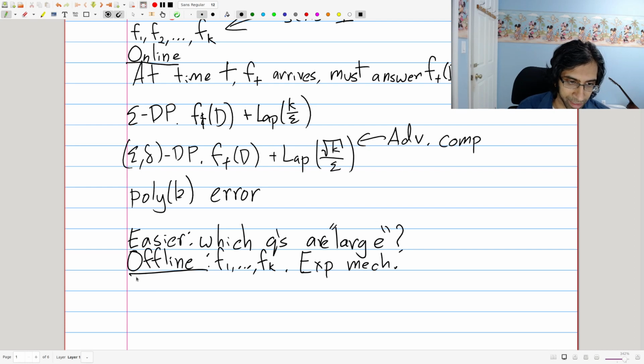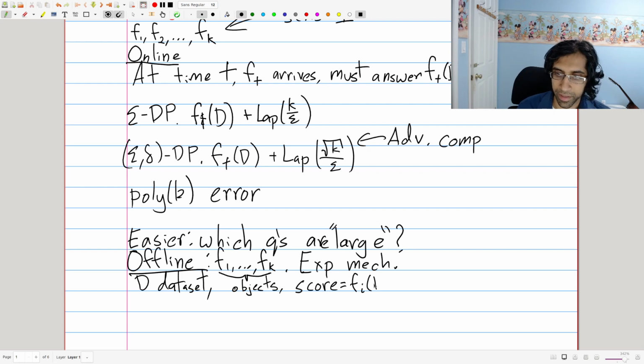Our data set is the data set D. The set of objects are just going to be these functions here. And the score function for each thing will just be the value. So the score will be equal to fi on the dataset D.